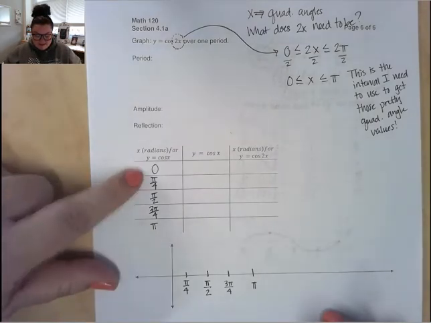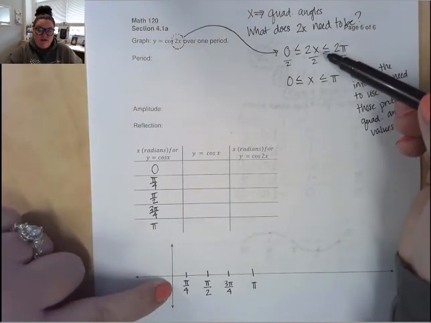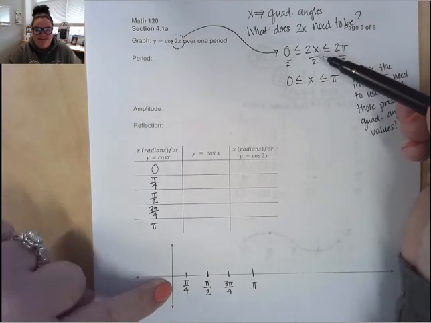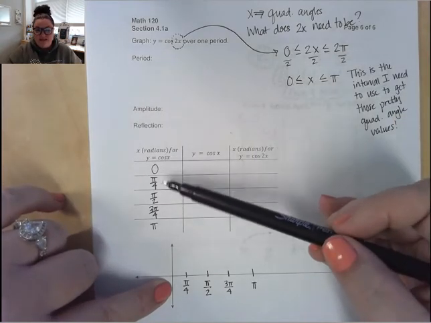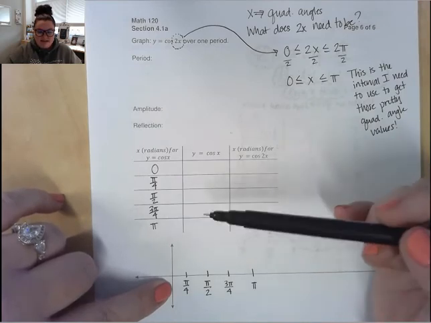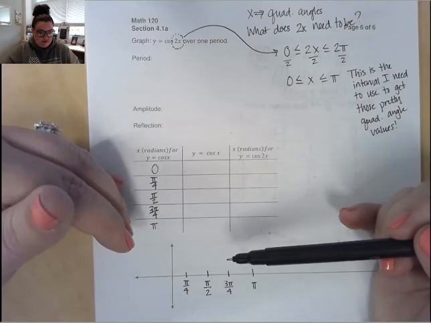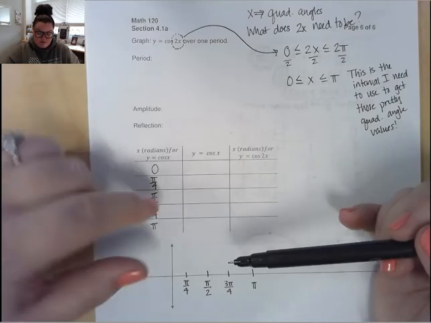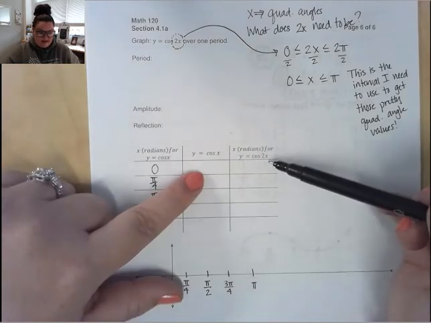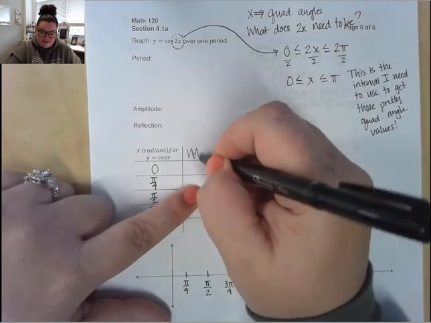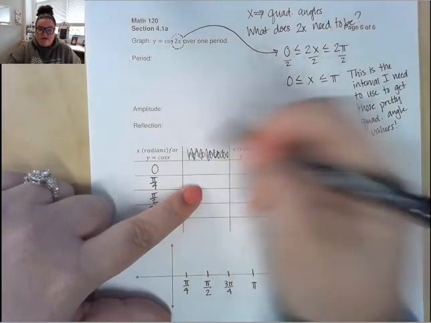So the reason that I configured, if you will, the specific x's that I chose is because now if I plug those into cosine of 2x, right? And I actually don't really need this column.